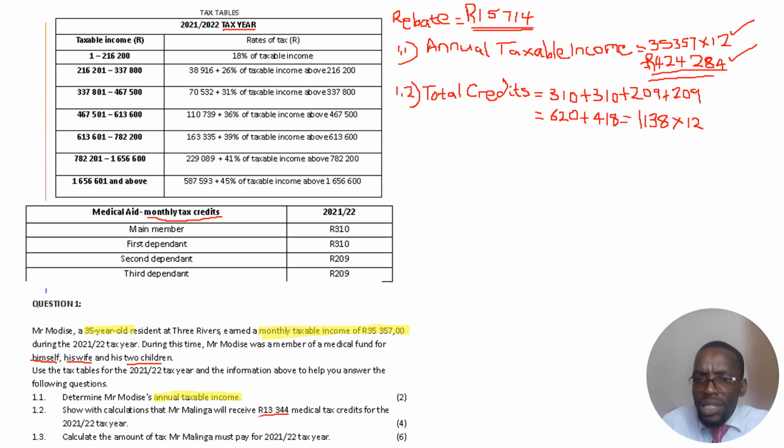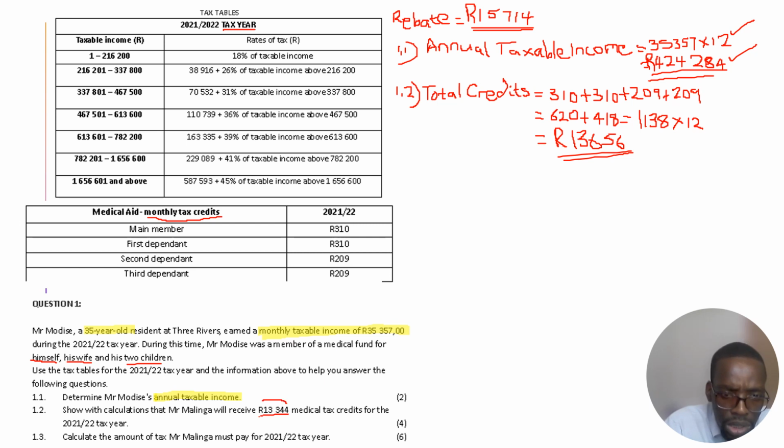If you multiply that by 12, the answer that I'm getting is 13,656. Now, imagine that there could be something wrong with this question. There is a mistake here.